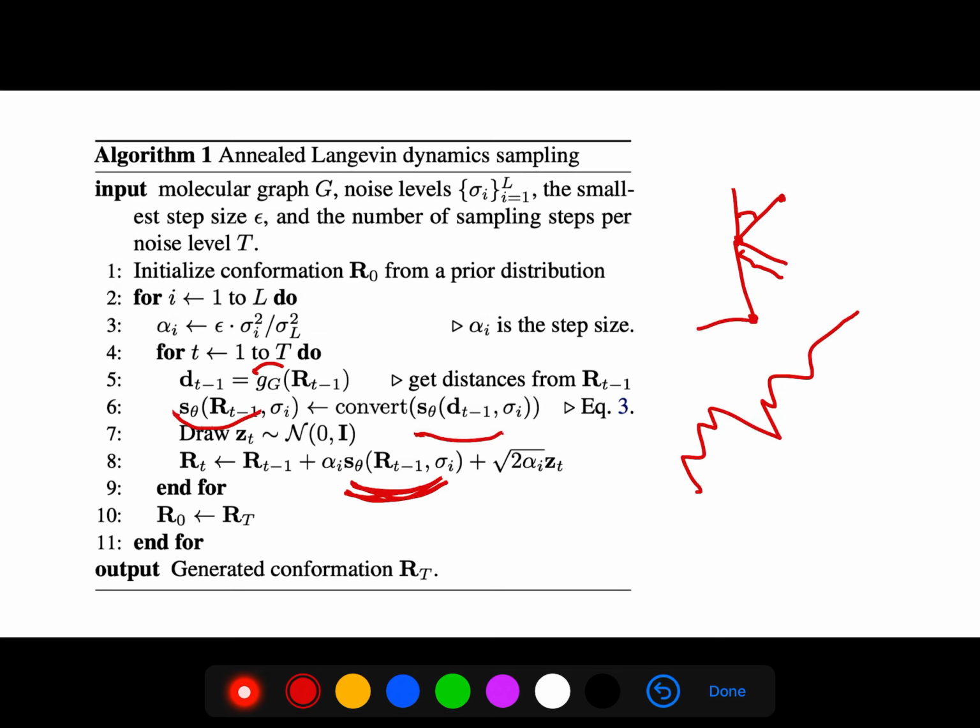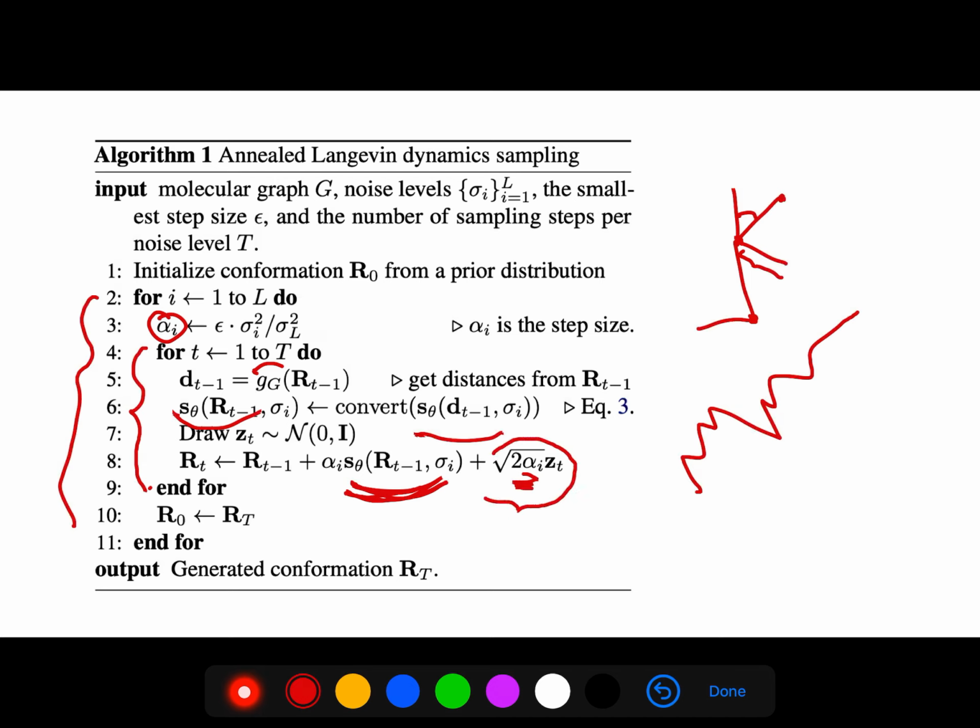These sigma i's are the noise levels, because we have L steps. And there are T time steps in this stochastic process, because for each of these noise levels, for example, for sigma 2, we have a different alpha, and alpha is here.